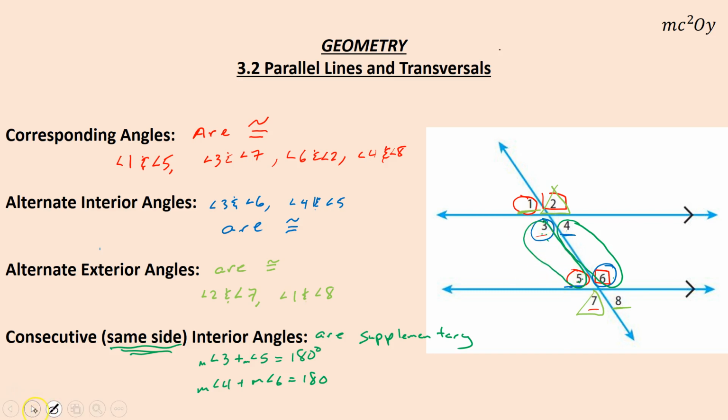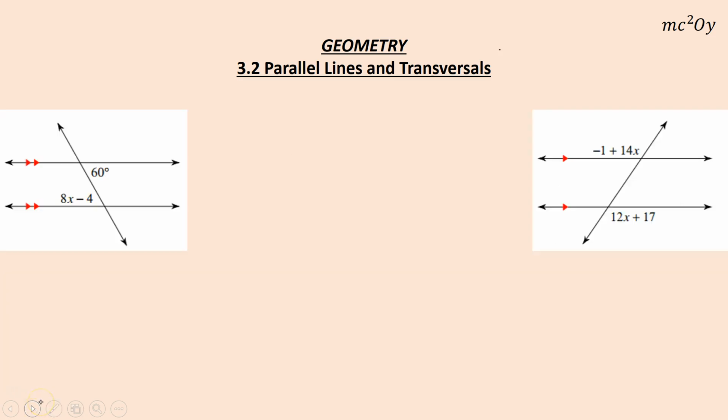So using that information allows us to do a bunch of different calculations. If you look at a diagram and you see the lines are parallel, you can look at what's been given: 60 and 8x minus 4. Identify what you have. Those are alternate interior angles, and alternate interior angles are congruent.